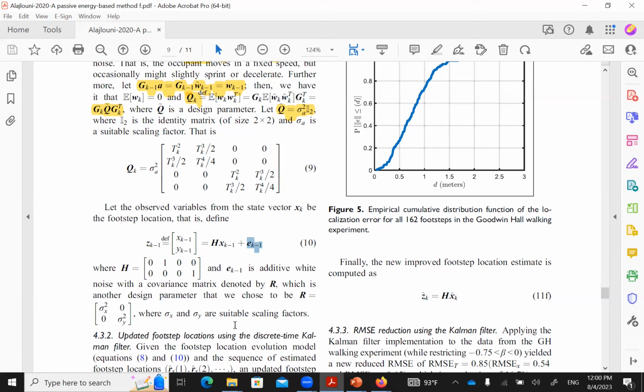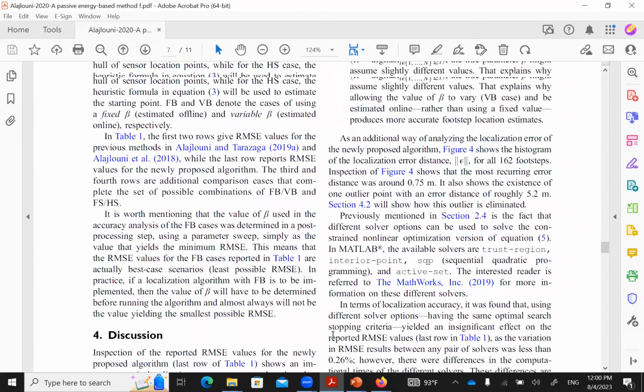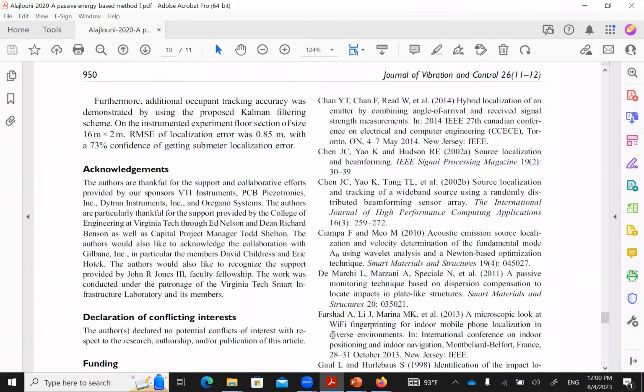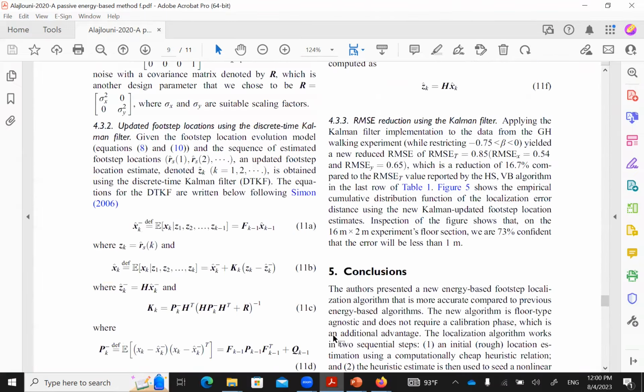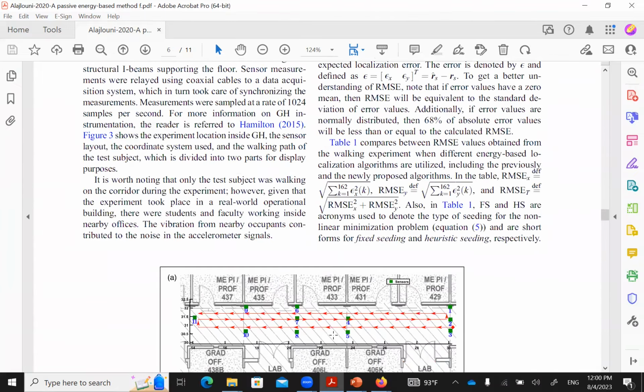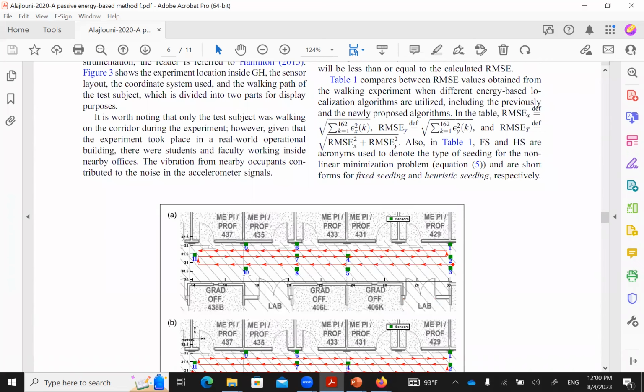I took into account the fact that, and I don't know if we have it here. Exactly. So notice here, this is the instrumented area that we used, and it's a narrow rectangular area. So you have a longer distance in the x direction than the distance in the y direction.